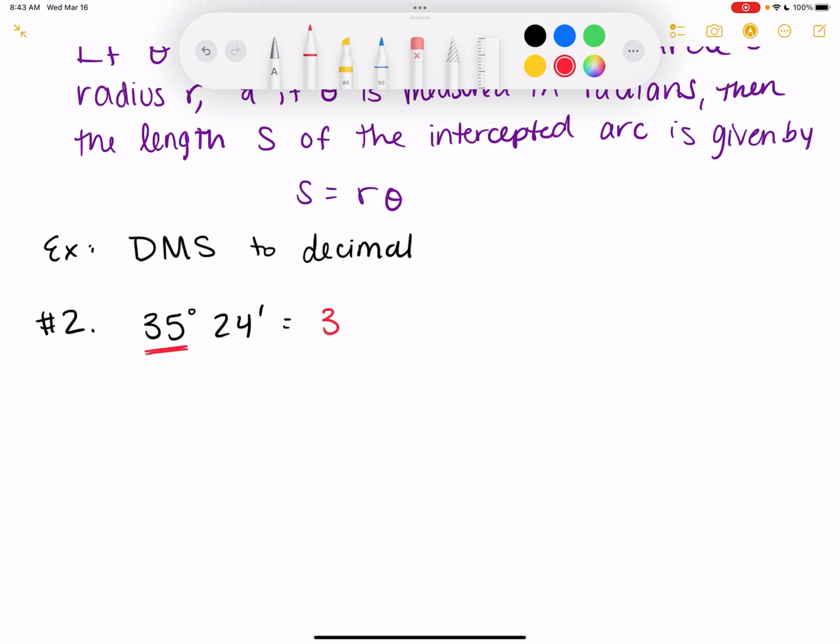So it'll be 35 plus, then since these are minutes because it has the little 1 tick mark, we do 24 divided by 60. So it's plus 24 over 60. And then we would just figure out what that is, add it to 35, and then that'll give us our decimal answer. So it's 35.4 degrees.